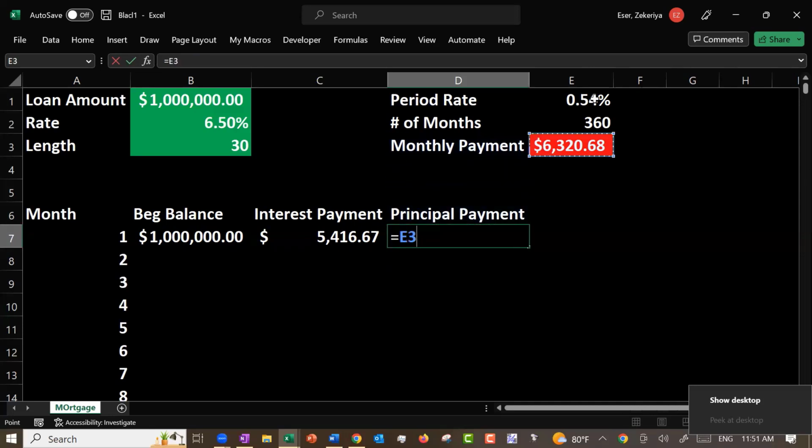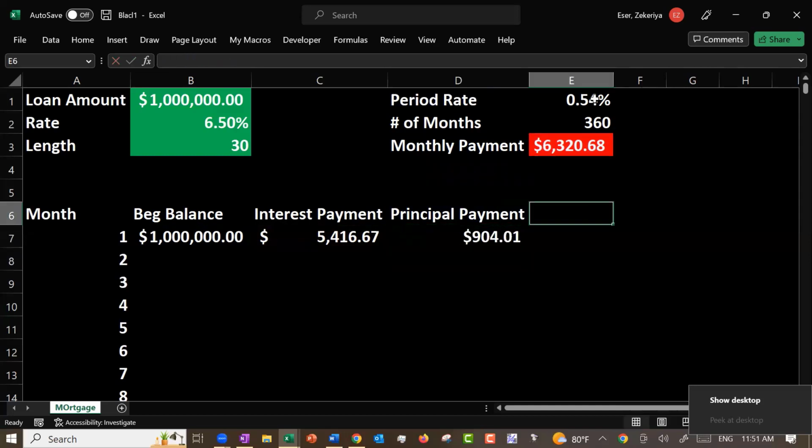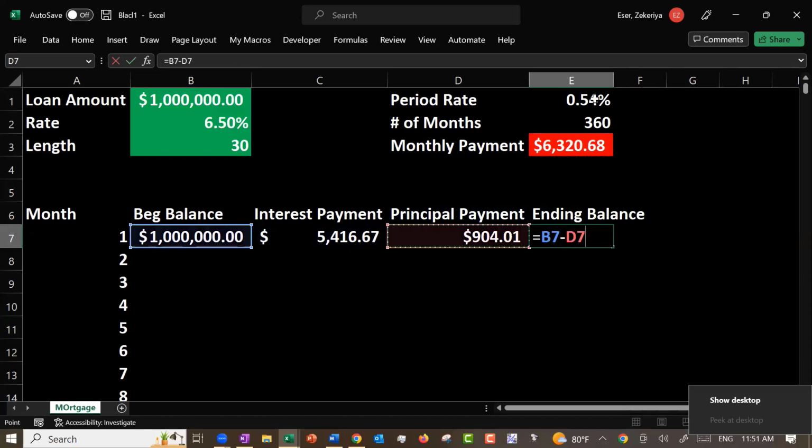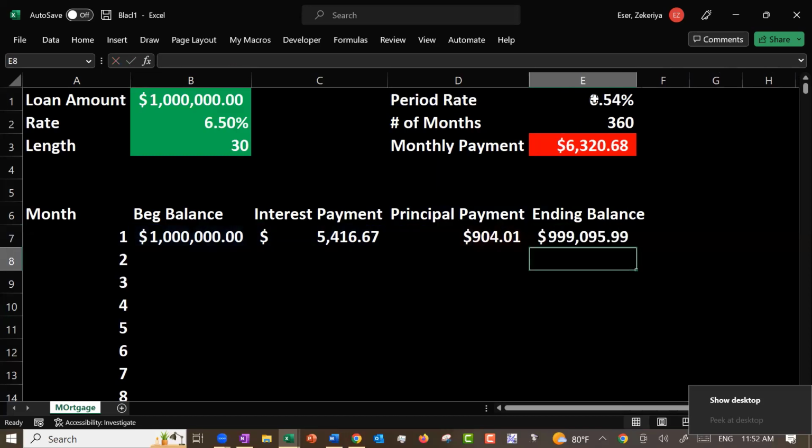So I'm going to take the monthly payment, which is going to be fixed, minus the interest payment. So the first month principal payment is only 904. Ending balance, you take the beginning balance minus the principal payment.